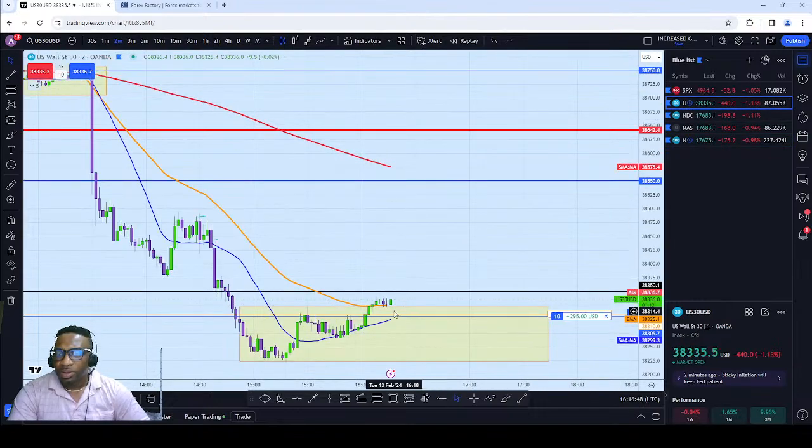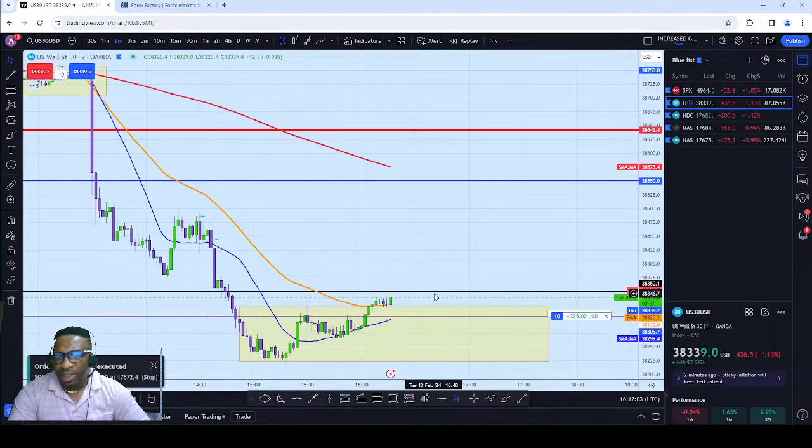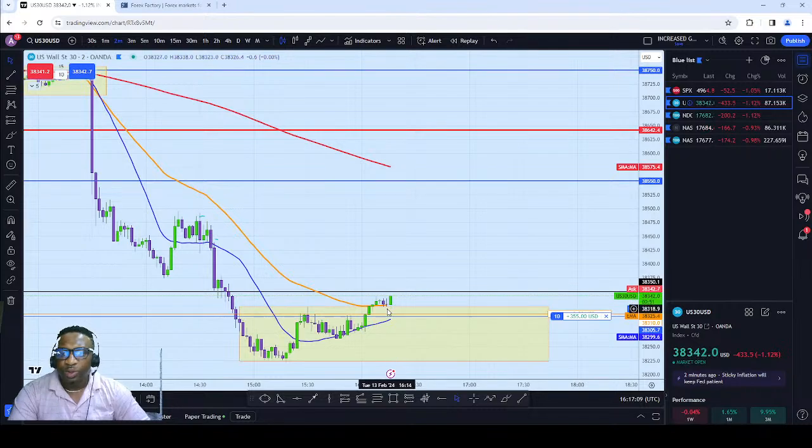Yes, the US 30 is kind of holding above the 50 EMA. Hopefully it pushes its way through from there. This black line we see here is also a key level, the 38350 key level. So I hope it will not stop it from going up.